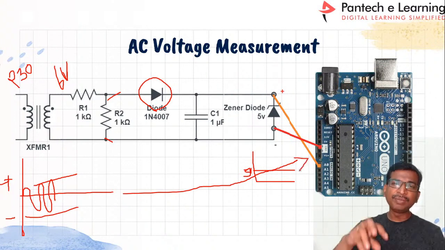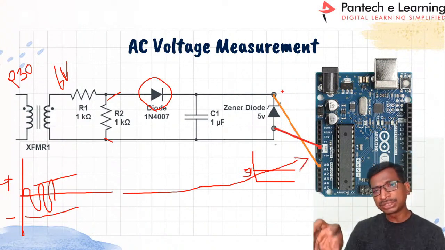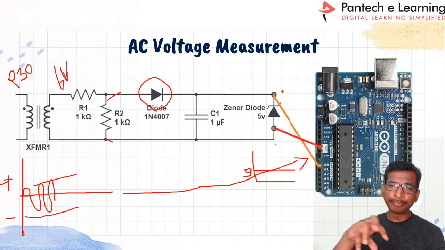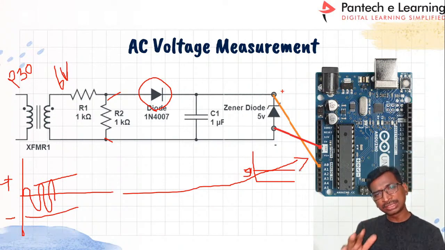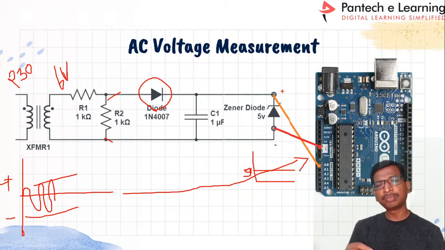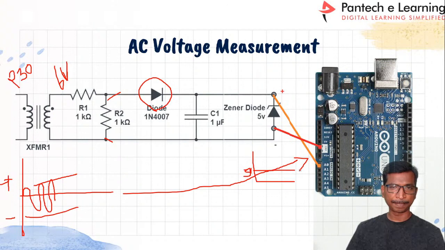In the microcontroller, we will implement a root mean square formula to calculate the AC voltage. Huge disturbances may occur, but by implementing a proper filter circuit, we can avoid those issues.